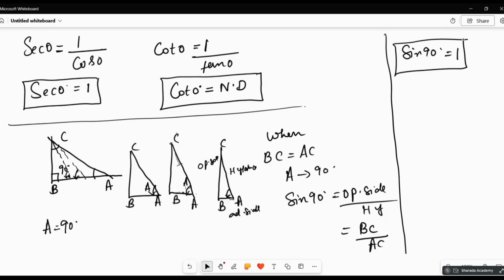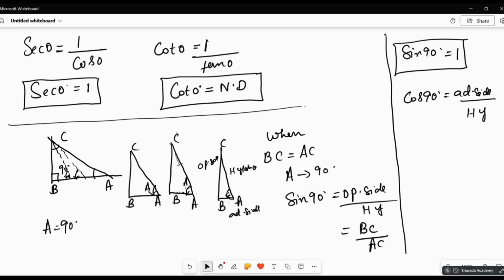Okay. Now, if you consider cos of 90 degree, we know cos of any angle is equal to the adjacent side by hypotenuse. As angle A tends to become 90 degree, the AB length keeps on decreasing. Actually, when angle A becomes 90 degree, AB, the adjacent side, will become 0.